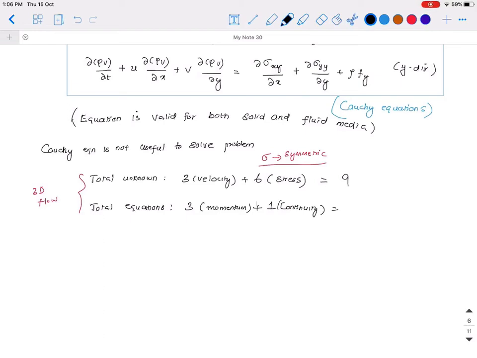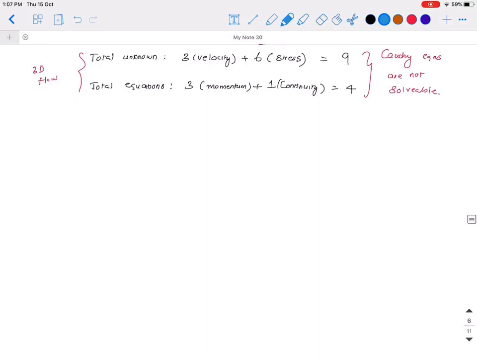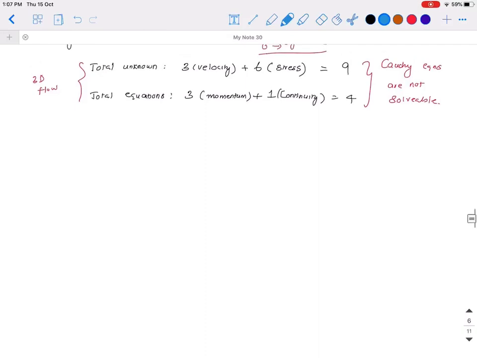Okay, so we have total 4 equations, right? So we have 9 unknowns but only 4 equations, so Cauchy equations are not solvable. Okay, so now we are going to eliminate this problem. Now we are to introduce some more formulations to make the number of equations equal to the number of unknowns.